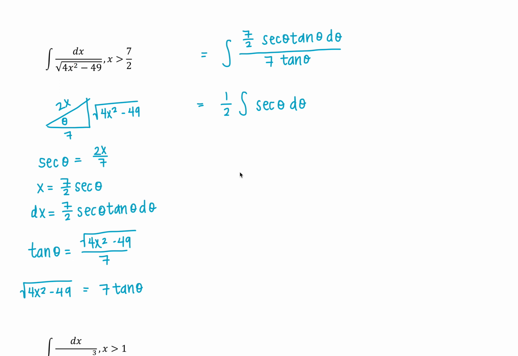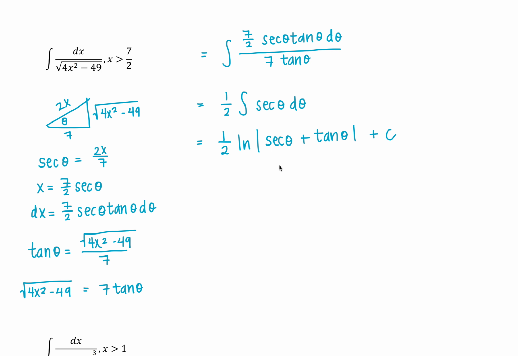We're just using number 95 again from that table. So I've got the natural log of the absolute value of secant theta plus tangent theta plus c, okay? And again, that came from that table.